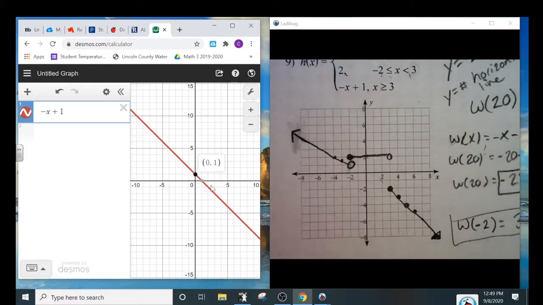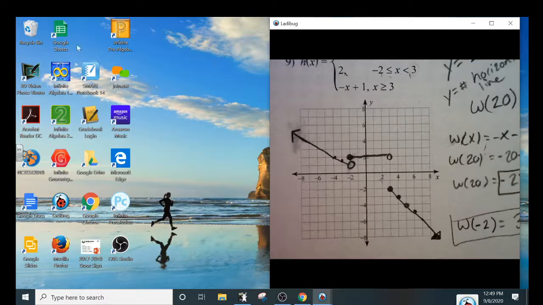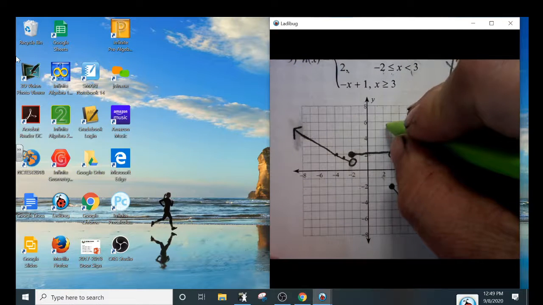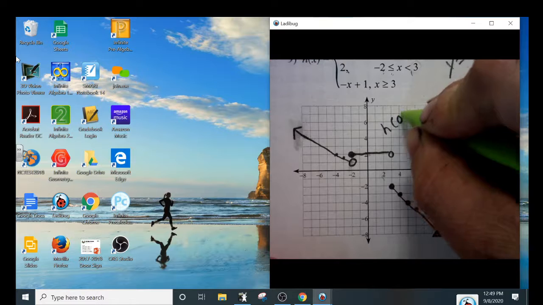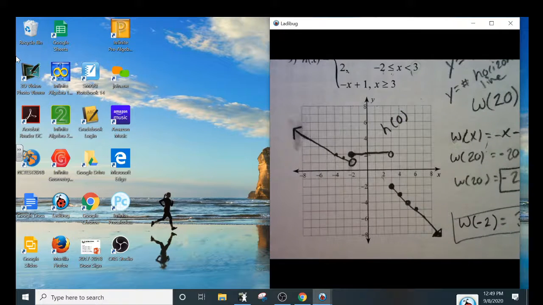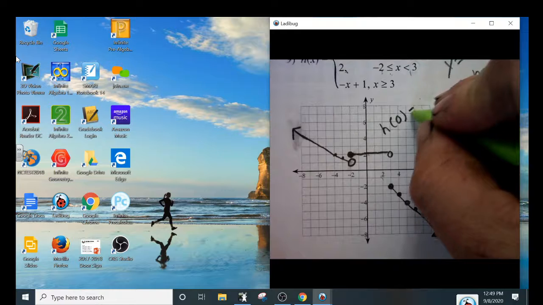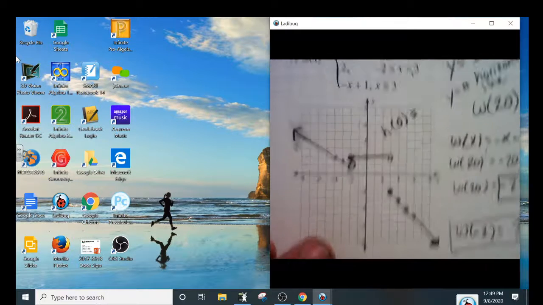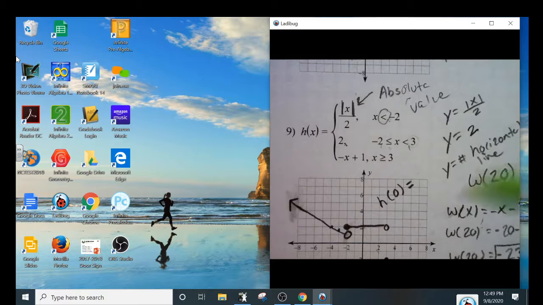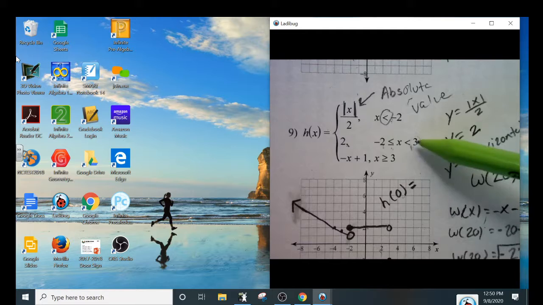But guys, just let me make sure you understand this real quick. If they ask you h of 0, what would you write down? Well, first of all, guys, this is an x value, right? You need to find out which domain it fits into. Does the domain fit in the first, second, or third domain? Second, right? 0 is between negative 2 and 3, right?